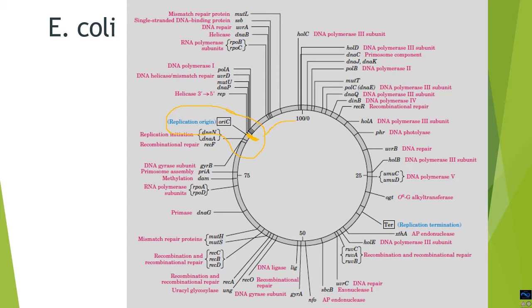As it moves in both directions from here, the replication terminates at a specific site called the termination site, the TER site. These two sites are important for replication initiation and termination. And then there is a whole set of genes, which you can see in this structure, showing how they are compacted in a simple circular DNA molecule within this E. coli prokaryotic cell.